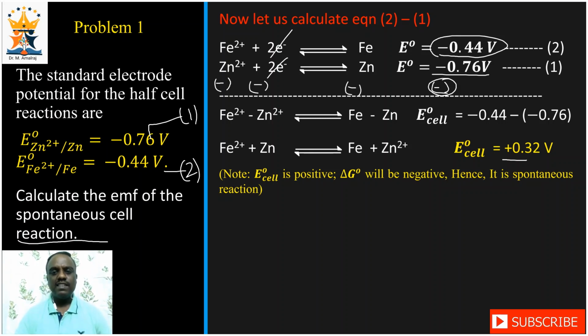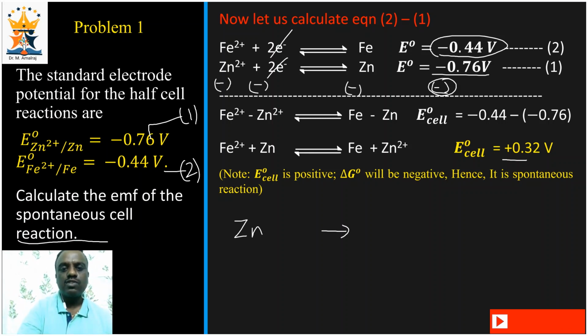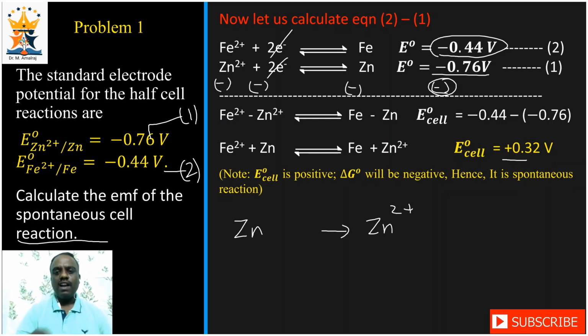So in this case, the more negative value is from the reduction potential of Zn2+ to Zn. So zinc will get oxidized in this case. Just write the equation: zinc is getting oxidized to zinc 2+ ion, and ultimately if zinc is getting oxidized, Fe2+ should get reduced.